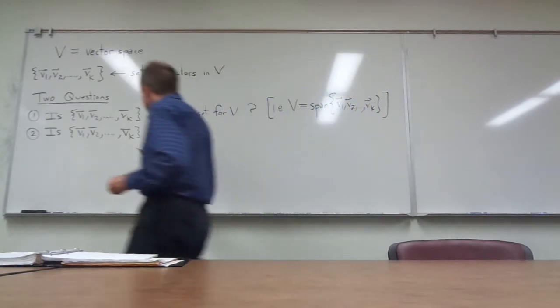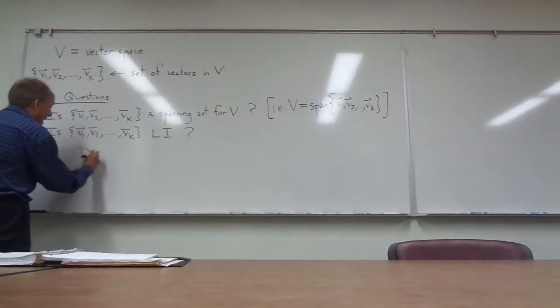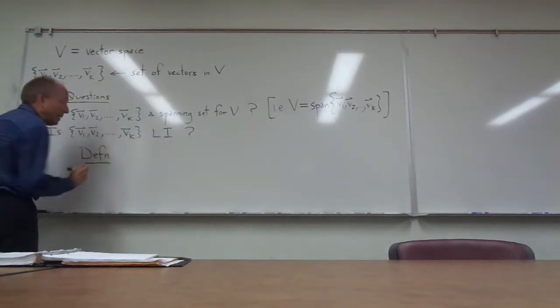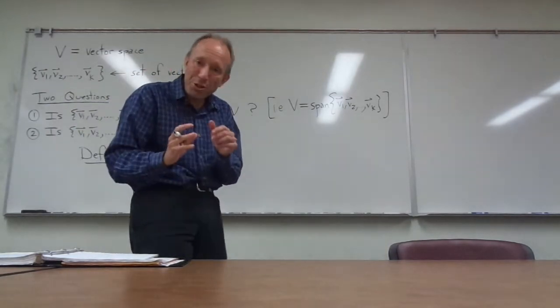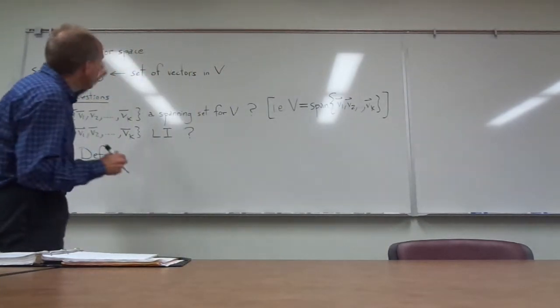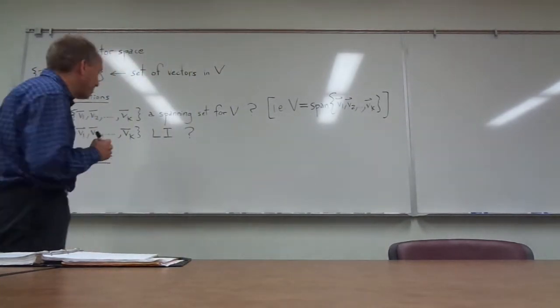These are the two main questions we want to address. And I'm just going to go ahead and spoil the fun now and let you know that if the answer to both of these questions is yes, then your set of vectors is what is called a basis.